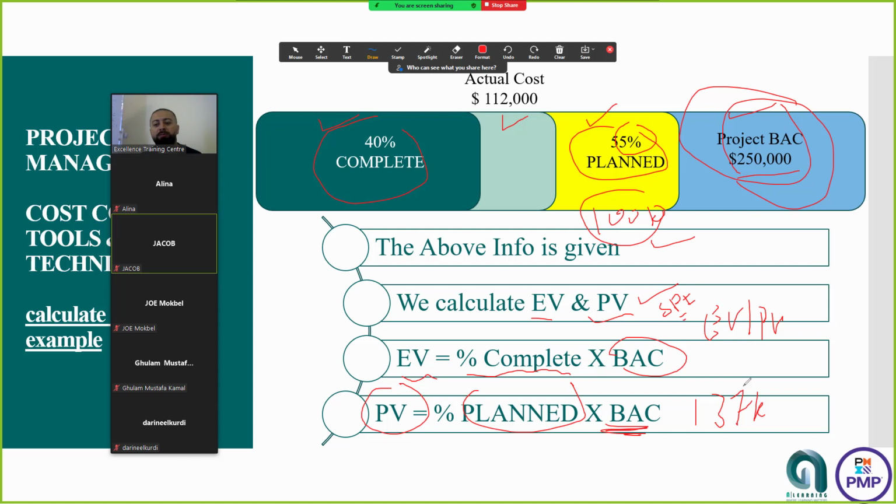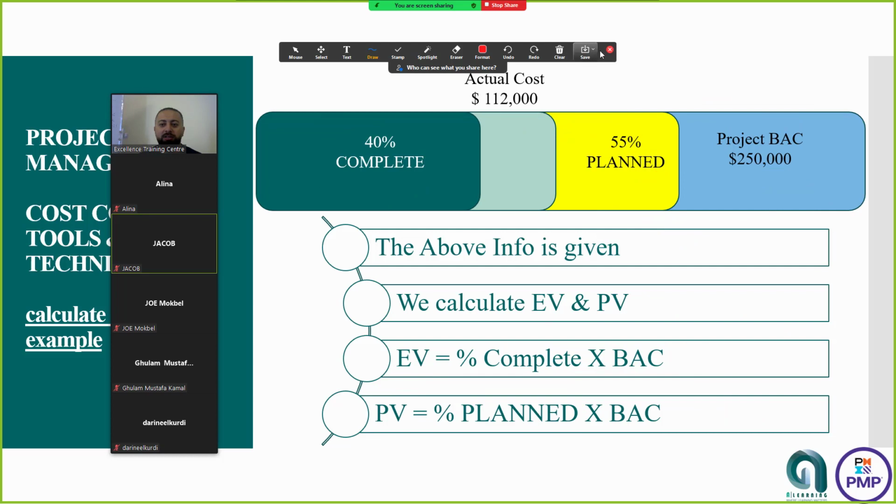So we can calculate the SPI very fast. EV is 100 and PV is 137. It's less than 1. I don't care how much exactly, but it is less than 1, right? Yes. Which means negative impact on the project, which means we are behind schedule, correct? So it's very easy.